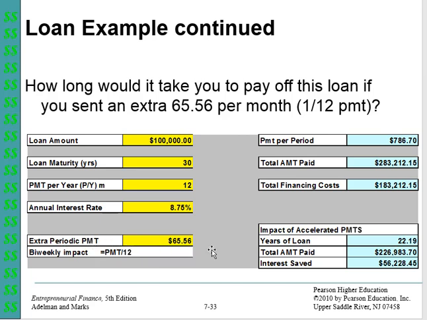So let's say you wanted to add an extra month's payment per year. If you divide the monthly payment, $786, by 12, that gives you $65.56. That will take a 30-year loan and turn it into a 22-year loan. So the amount of money you would save is $56,000, which might be something worth your while.